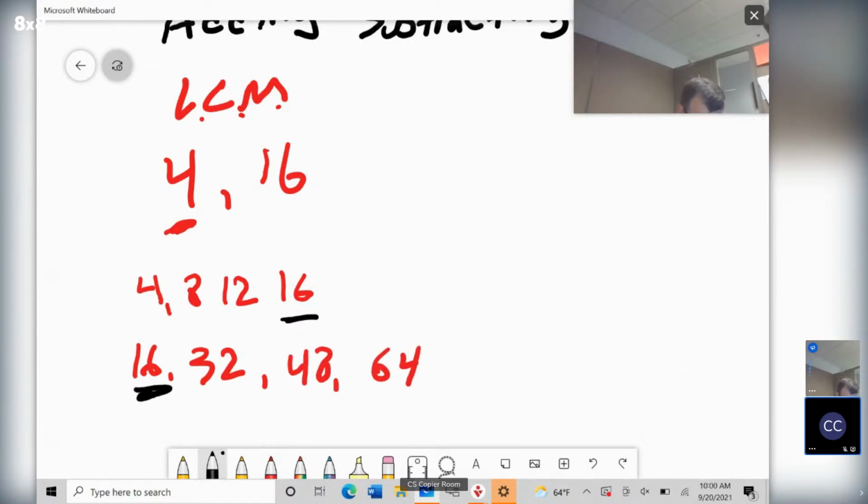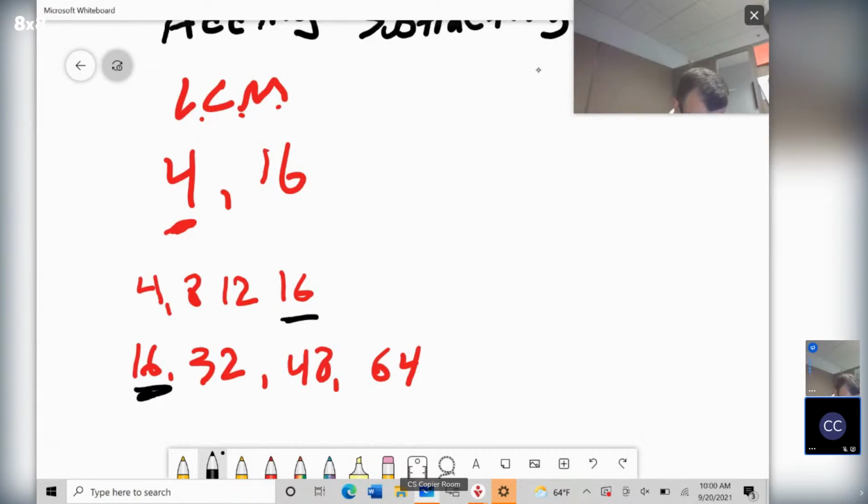But we see right off the bat that 4 goes into 16 4 times. So when I say the multiples, all you're going to do is keep adding by 4. Those give you the multiples. So the least common multiple for 4 and 16 is going to be 16.